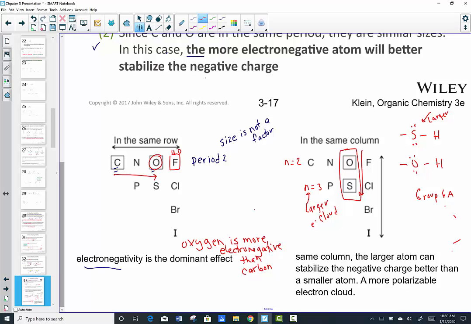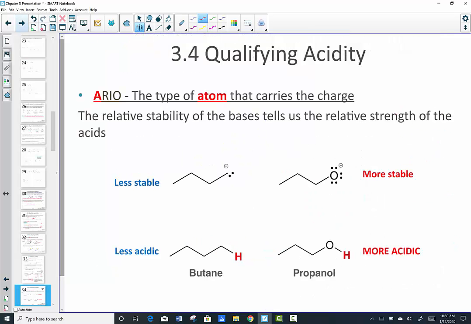And so putting that together, ultimately we were asked which one was the stronger acid.